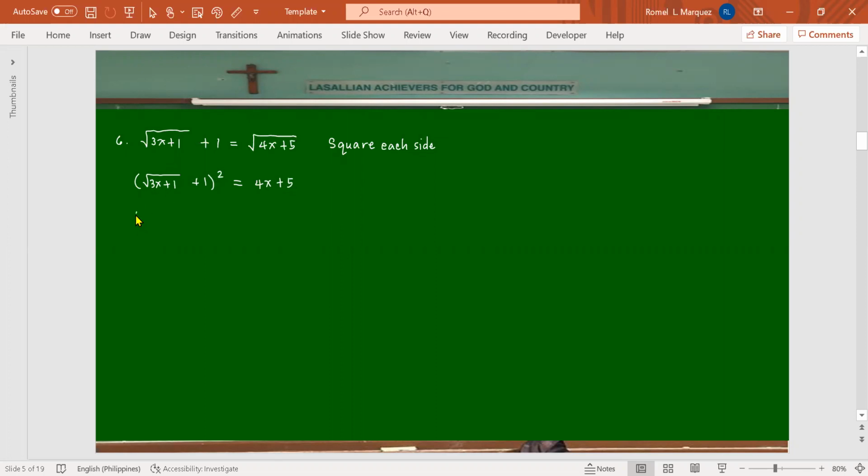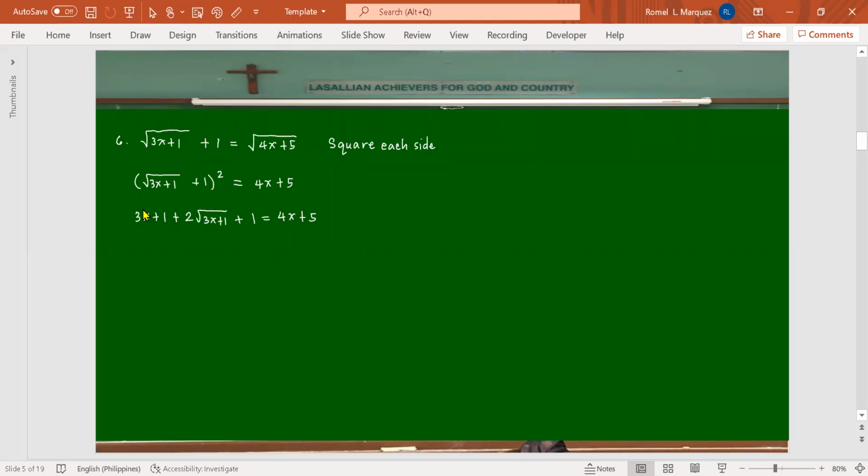Square of the first term, so no more radical, plus twice the product of the first and that radical, so 2 times the radical, plus the square of 1, and that is equal to 4x plus 5. Let's now simplify.